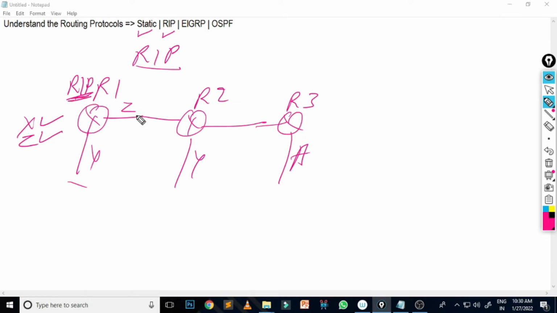If you configure the RIP routing protocol in your network, there will be disadvantages. First of all, you cannot configure more than 15 routers. Let's say you have routers connected like this, and let's consider this is your 16th router.